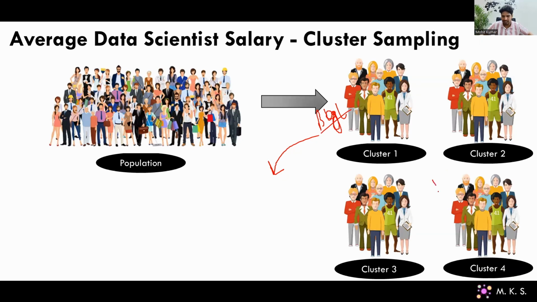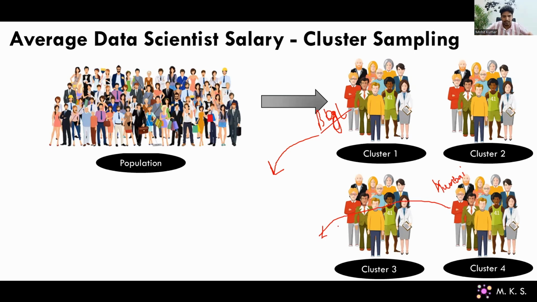Or the second one is, let's say, Mumbai. Mumbai is close to Bangalore, so I can go and pick elements only from Mumbai. So I will have elements in my sample from the Bangalore and Mumbai clusters. Right? So here I am not picking elements from each individual cluster. I am picking the complete cluster as it is, right? Bangalore and Mumbai. So there will be no elements from Hyderabad and Gurgaon.